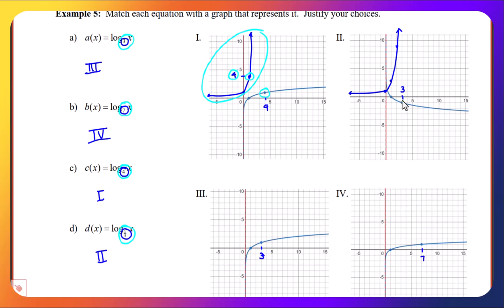If we have the point (3, -1), then (-1, 3). Let's fix this graph. I think I made a mistake. So that point is (3, -1). The inverse is (-1, 3). And the graph will look something like this.